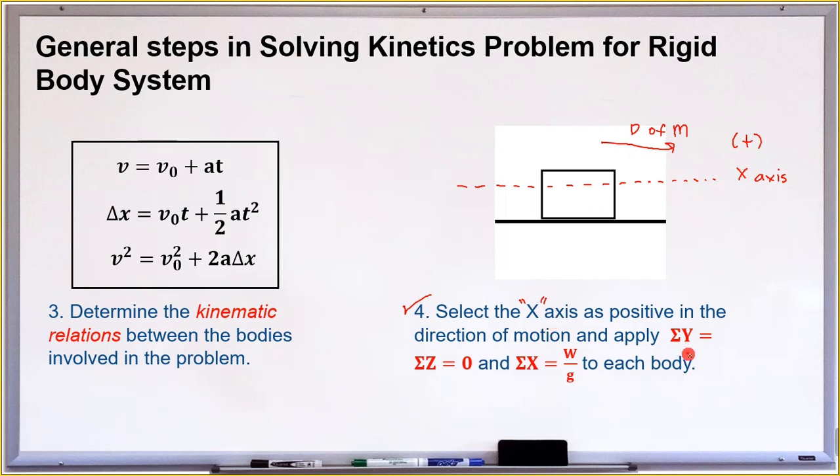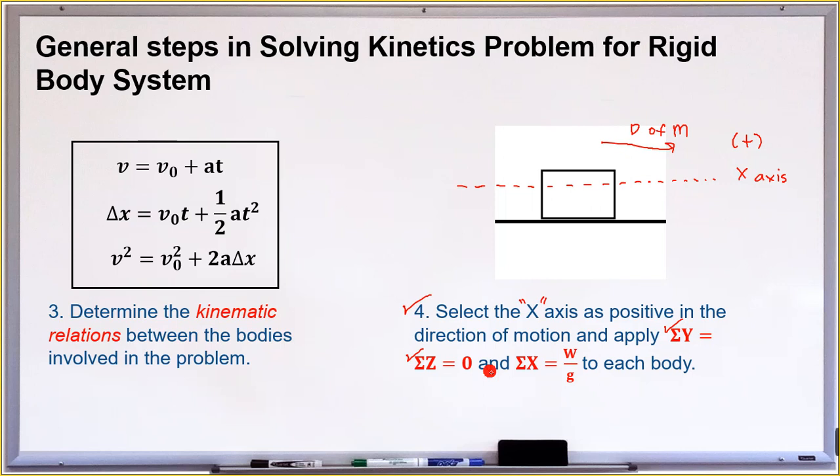And afterwards, apply the two kinetics equations. First is the summation of y and the summation of z should be equal to 0, because in solving these kinds of problems, the other two remaining directions should be neglected in terms of the forces that interact along that direction.